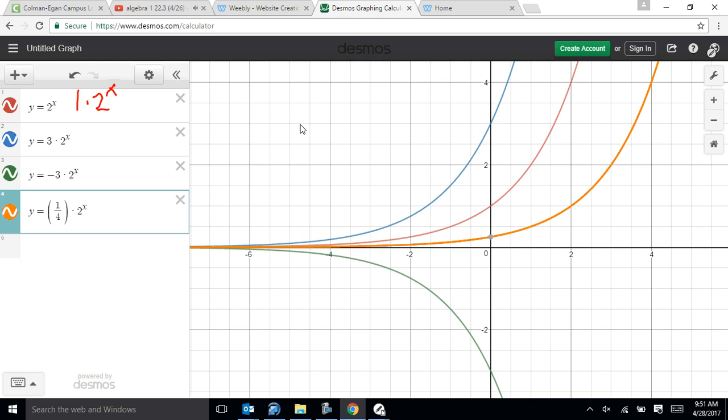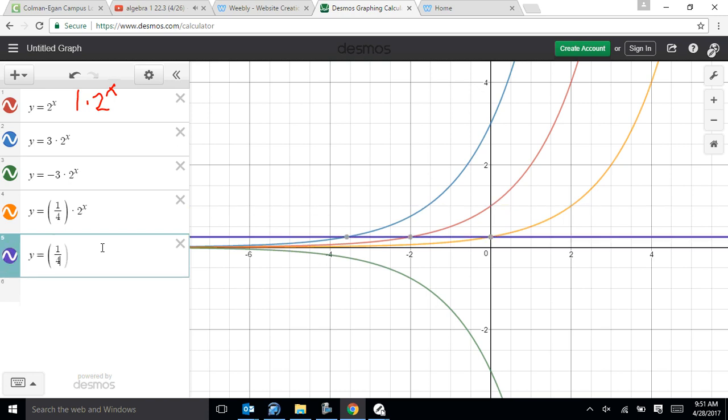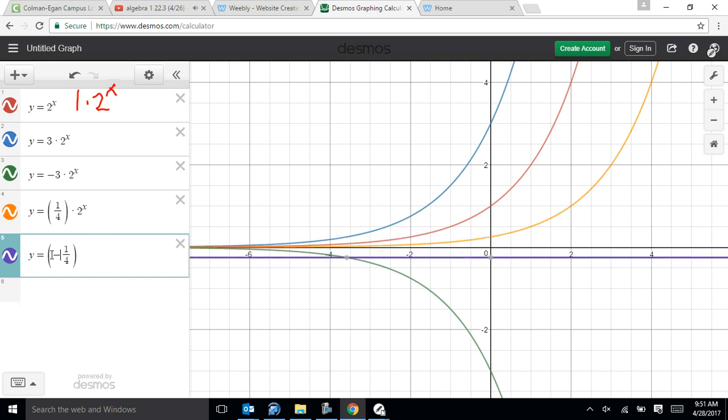And if we do negative 1/4, how's that going to compare to that equation? So what do we notice about the purple line and the orange line? How do they compare to one another? The reflection.